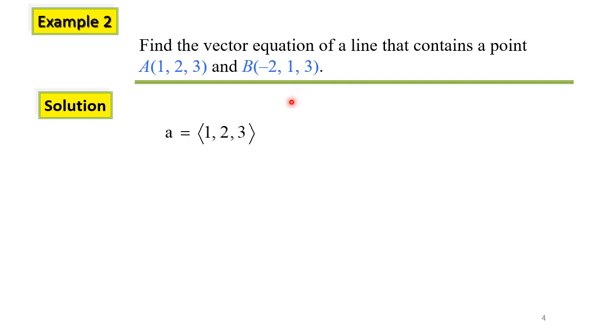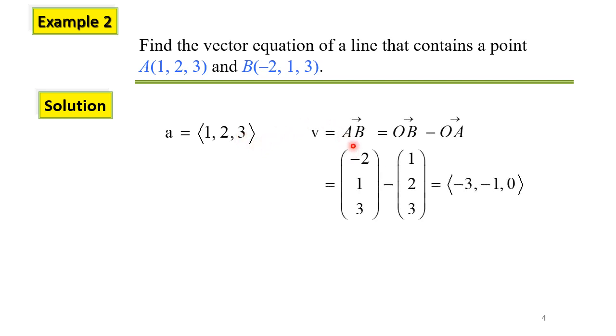A point we can choose from either point A or point B. Here we choose point A. To find v, you have to find vector AB. We know AB = OB - OA, the position vector OB minus position vector OA. So we get vector AB = -3i - j and no k.